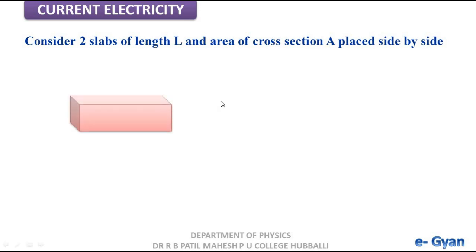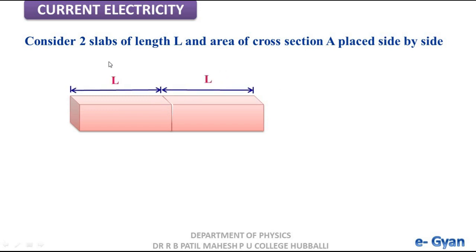This is the first one and the second one is placed next to the first one, and the total length of the combination is 2L. Let I be the current flowing through both the conductors, and it is the same for both. Why is it the same? Because the cross-sectional area of both conductors is the same.